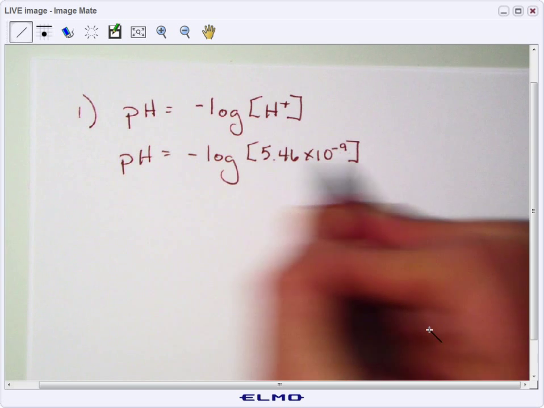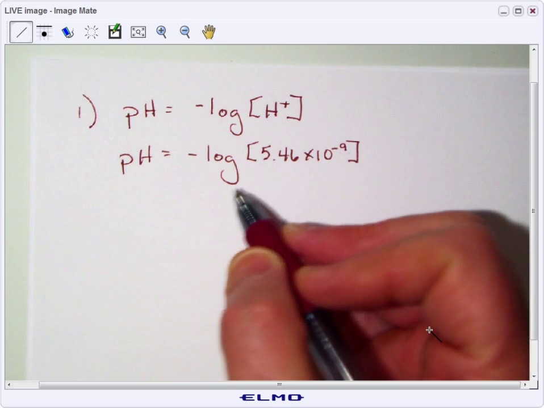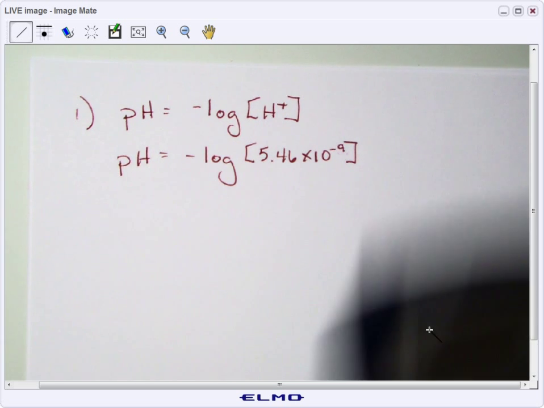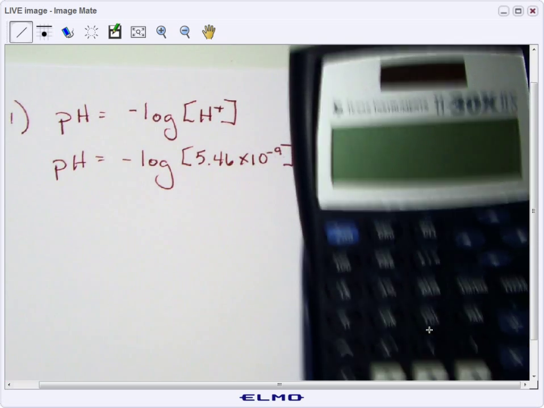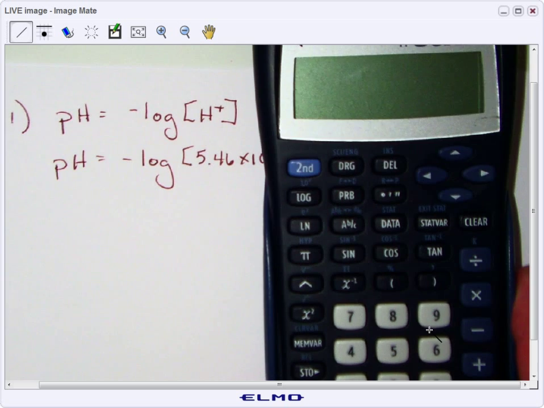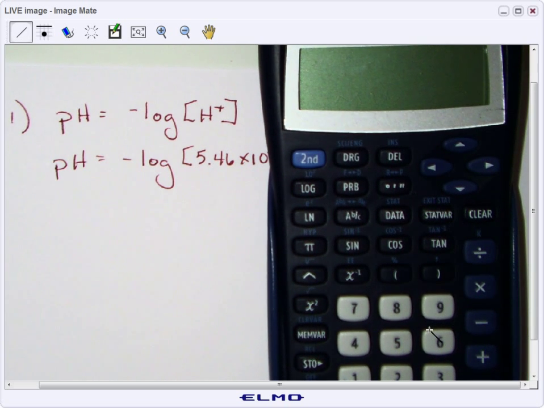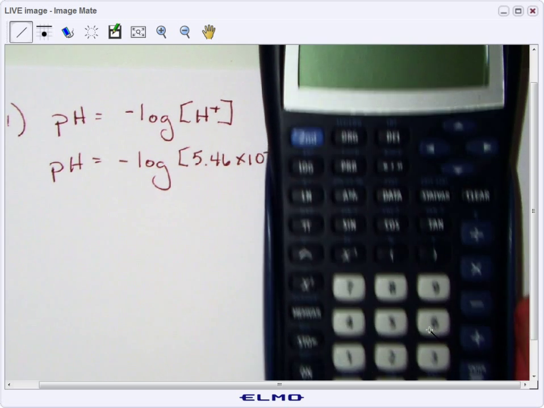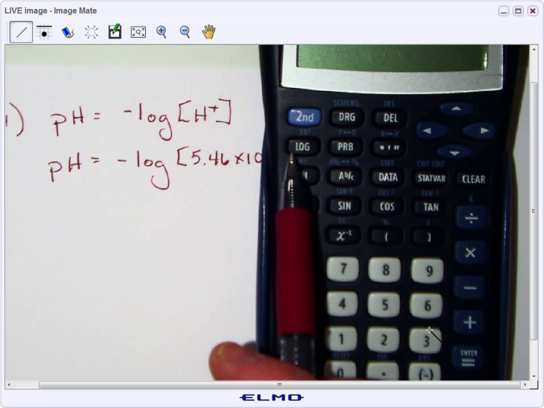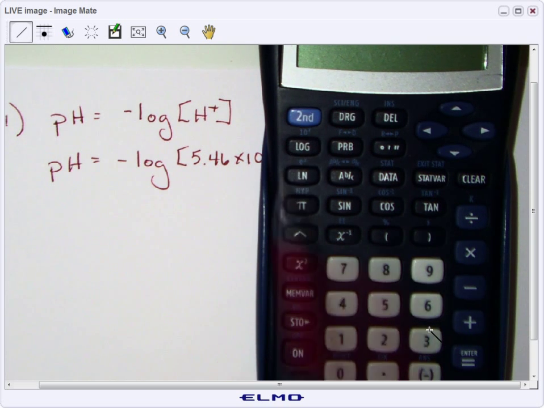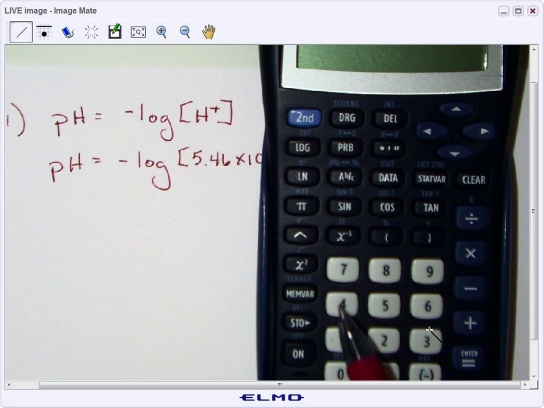So now all you have to do is plug this into your calculator. I don't want everybody just to wait for someone else to do it. Here's your calculator. So you're going to hit the negative sign. The negative sign is down here in the corner. We're not using minus, so it's negative log 5.46.